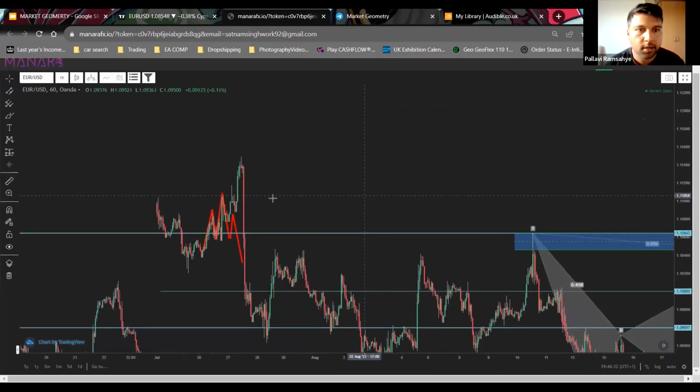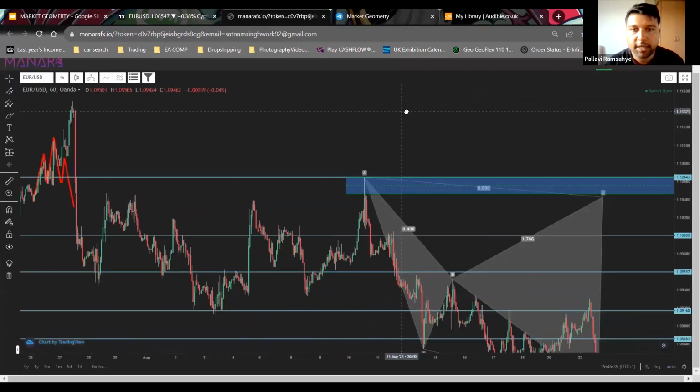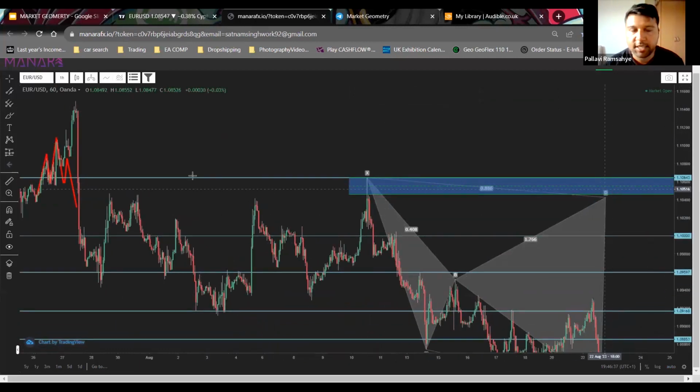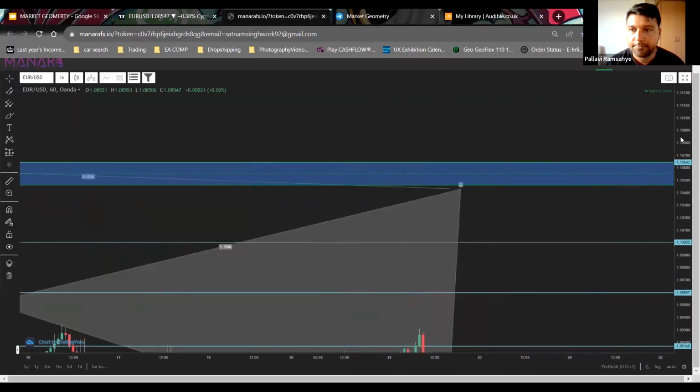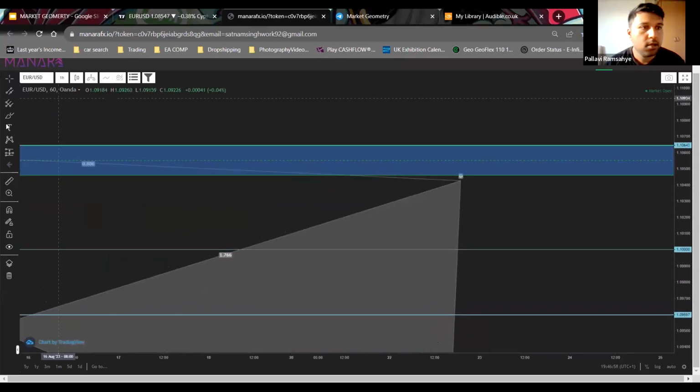Another zone that I would look at is because price could come up and reject here, or it could break this level. And then the good thing about these levels that you're using is once price gets into your POI, your point of interest. So let's say price was to get into this level, right? Let's just draw this out.